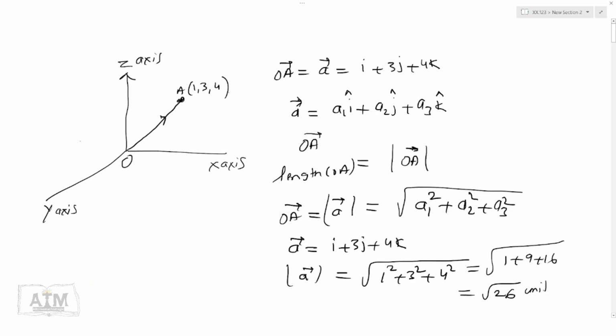And here we write units. So the length of vector OA, that is the magnitude of vector OA, is root 26 units.